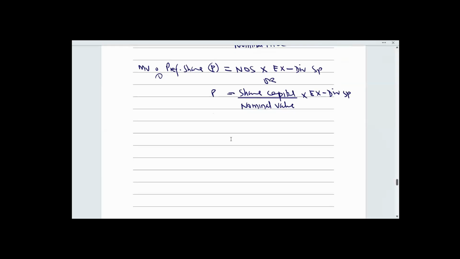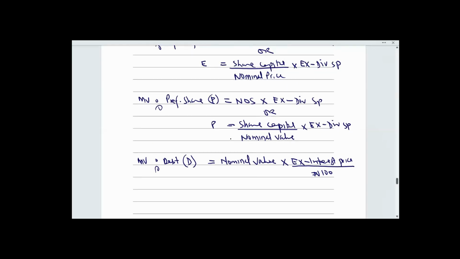And the last one is the market value of debt, denoted as D, debt value. Debt value is calculated as nominal value of the debt multiplied by X interest price, all divided by 100 naira. Remember, debt is always quoted at 100 naira per unit.